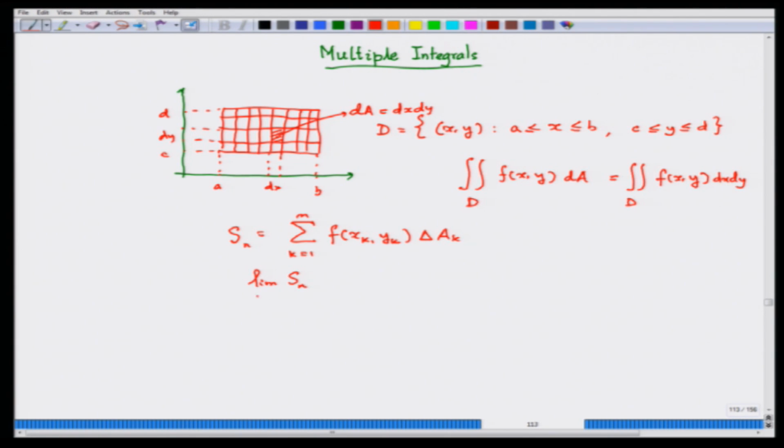So, you want to compute this and suppose this is a finite value, say L, and then this finite value is defined to be the integral or double integral of f(x, y) over the elemental area dA. You can also write this in terms of the limit.